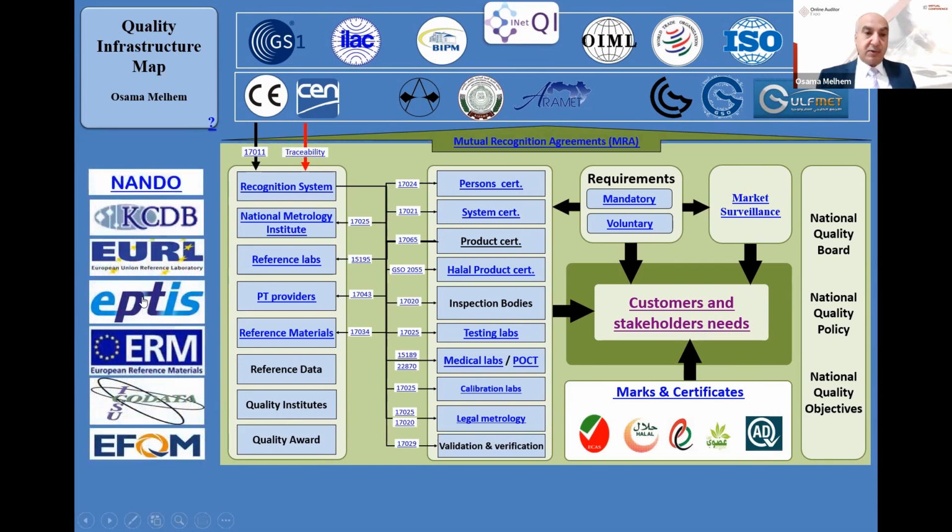Other examples are regional bodies for which we don't have an international organization. For example, we have the EPTIS. EPTIS is a European organization organizing the PT in Europe, but now I actually consider it an international body because they have more than European PT providers. We have ERM, the European Reference Materials producers, organizing the work of reference material producing within Europe.